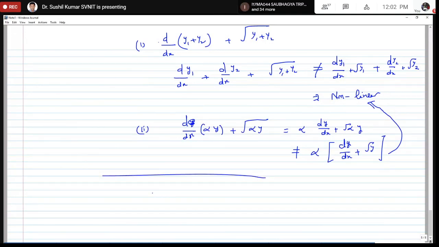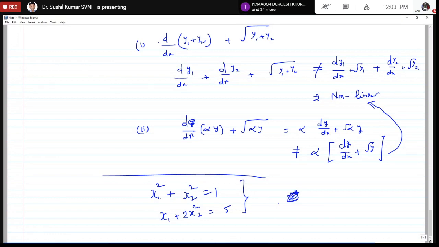I have one equation, x1 square plus x2 square equal to 1, and let's say x1 plus 2 x2 square equal to 5. This is a system of equations. Or you can take a simpler one. Let us consider a simpler one.